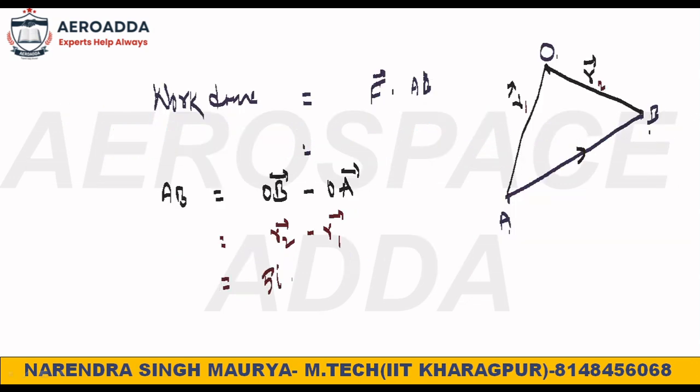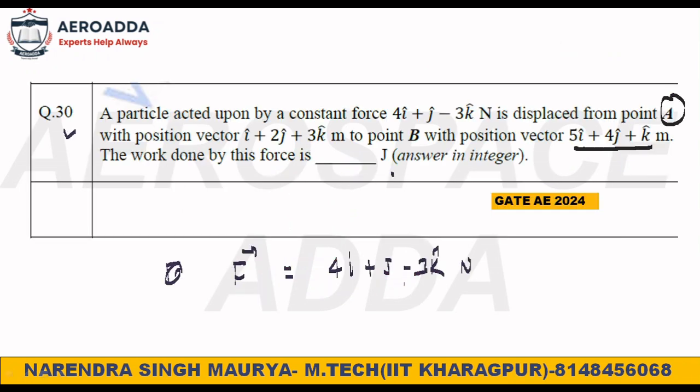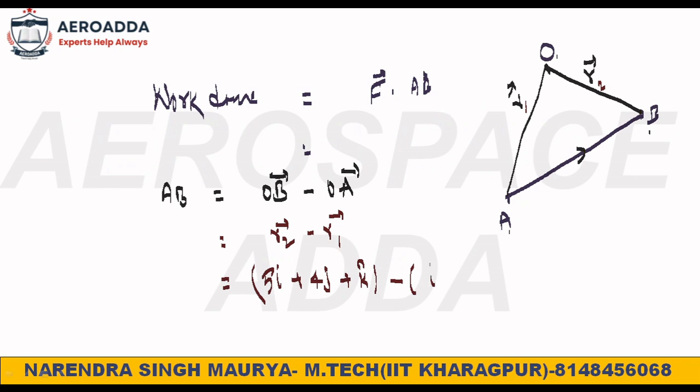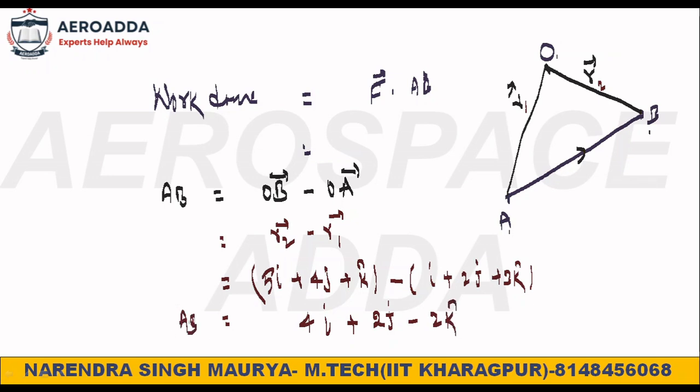Check everybody, 5i plus 4j plus k minus R1, which is the position vector with respect to point A, i plus 2j plus 3k. Check this value, how much it is. It's nothing but 4i plus 2j minus 2k. So this is the AB.